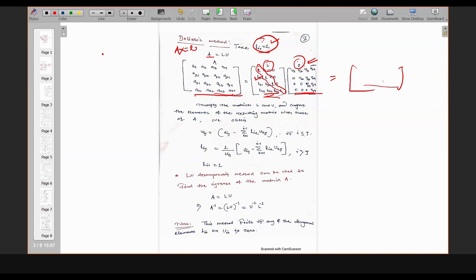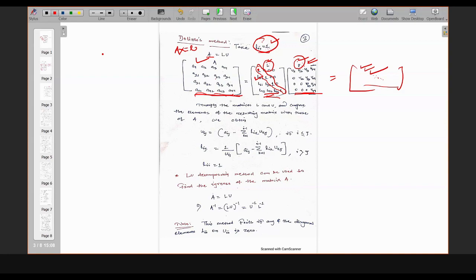After obtaining the resulting matrix, you compare the corresponding elements on both sides: the elements of matrix A with the elements of the resulting matrix you obtained after multiplying L and U. Then you can find the values of L_ij and U_ij. That is the standard technique.